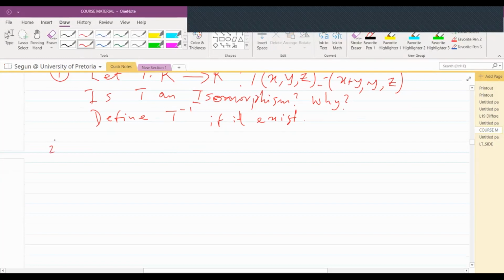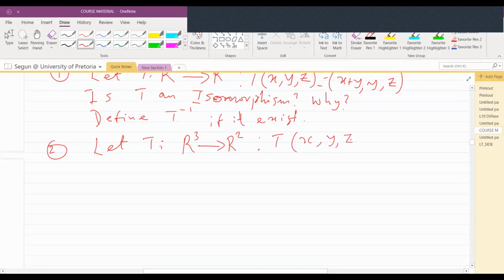Question 2 says, let T such that our R of 3 maps to R of 2, which is such that T of (X, Y, Z) is the same thing as (X plus Y, then Z).